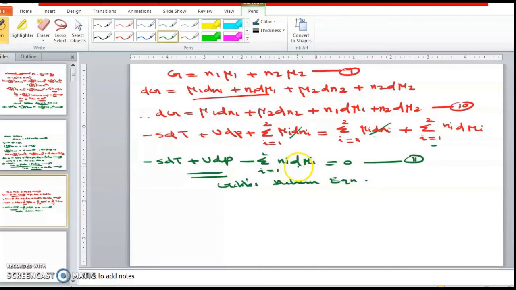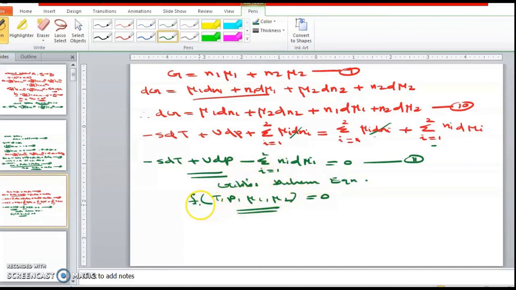This fact can be expressed by saying that there exists a relation connecting the intensive variables, and this relation can be written as a function of temperature, pressure, mu1, mu2. So these terms, when connected, can be expressed as 0. So this is the Gibbs-Duhem, not Gibbs-Helmholtz, sorry, Gibbs-Duhem equation.